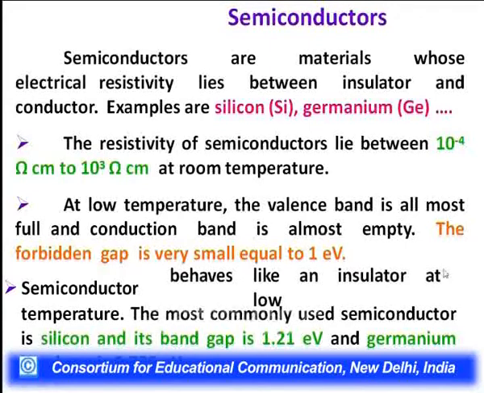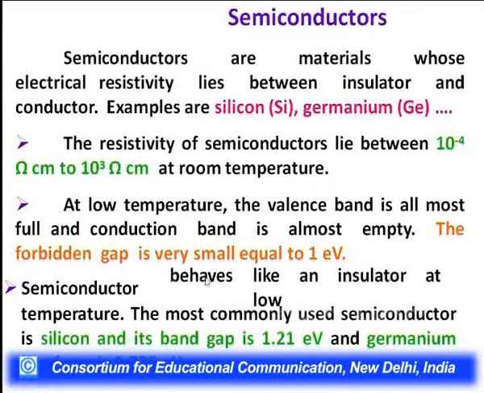At low temperature, the valence band is almost full and the conduction band is almost empty. The forbidden gap is very small but more than that of the conductors, and is equal to about 1 electron volt. Semiconductors behave like an insulator at low temperature.